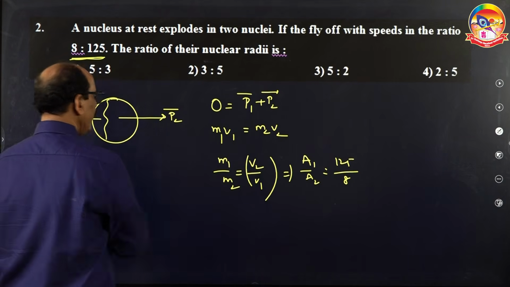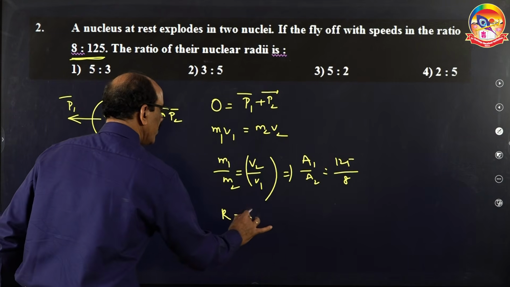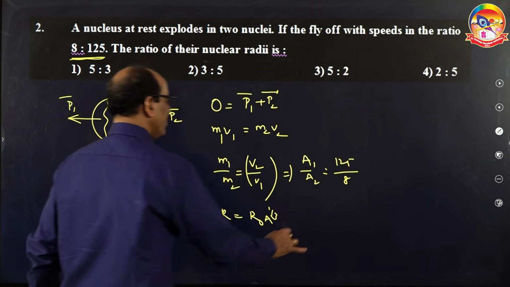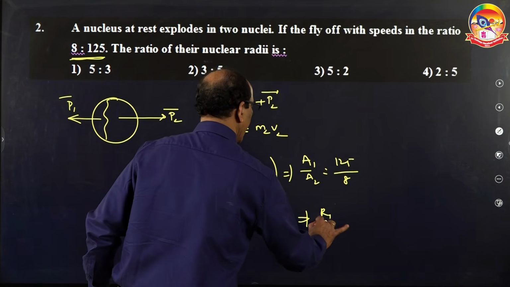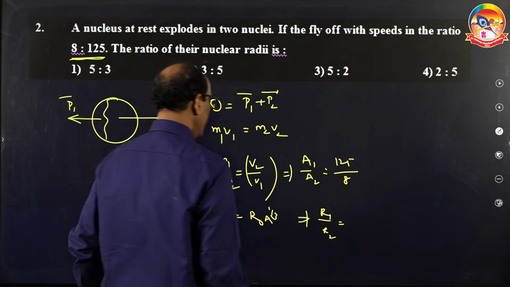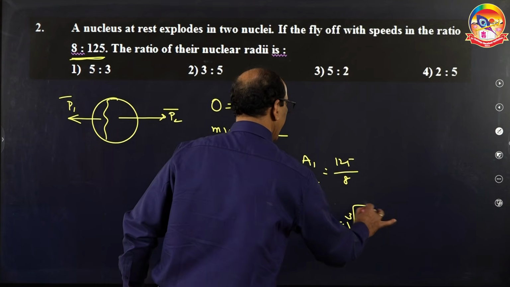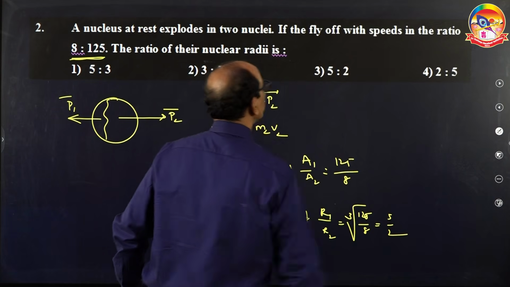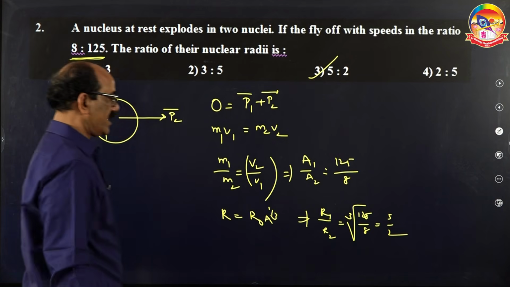But already we learned that the radius of the nucleus is given by R naught into A to the power of 1 by 3. So from this we will be able to get the R1 by R2 ratio as the cube root of 125 by 8, that is 5:2. So the third option is correct.